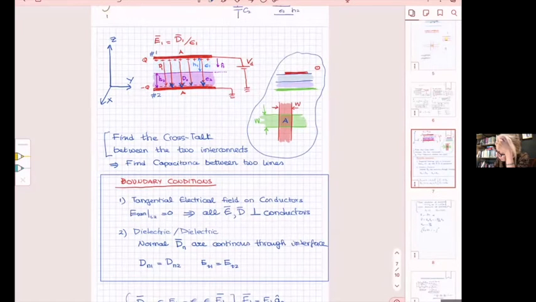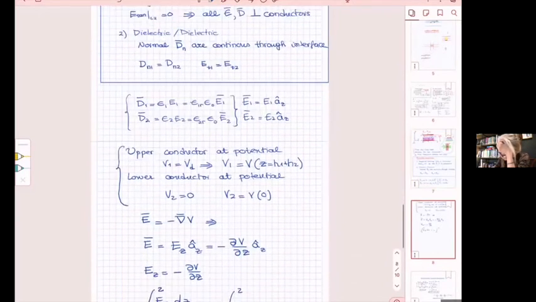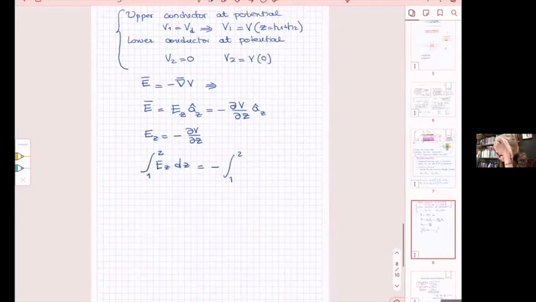And therefore the electric field, or the electric flux density, will have that direction. Okay, and then I have this equal to minus the integral of dV/dz dz, which gives minus V in the upper conductor at Z equals H1 plus H2, minus V at Z equals 0.